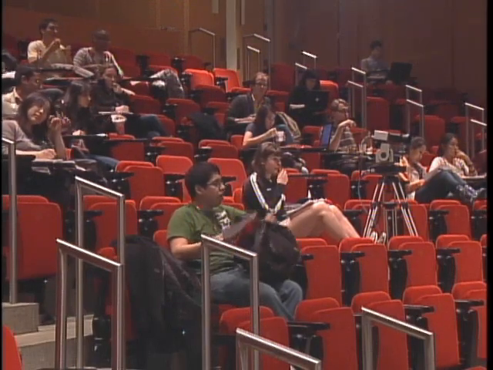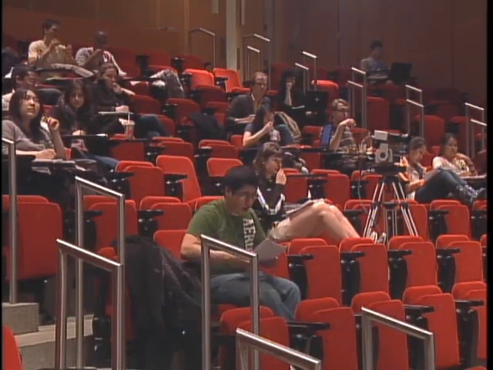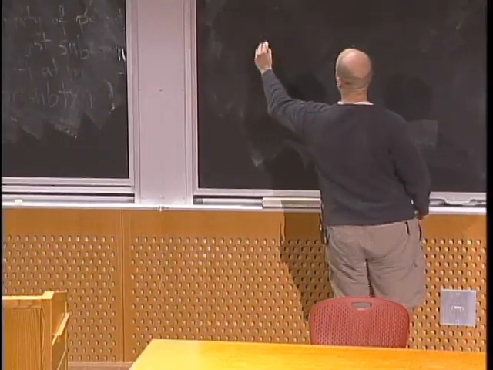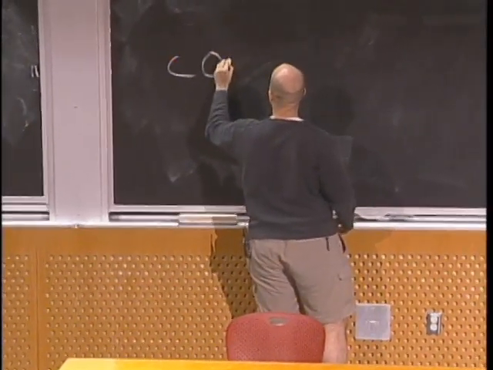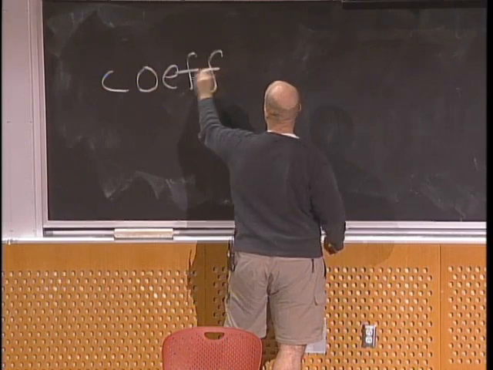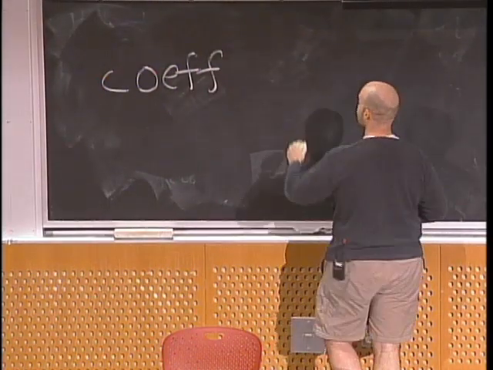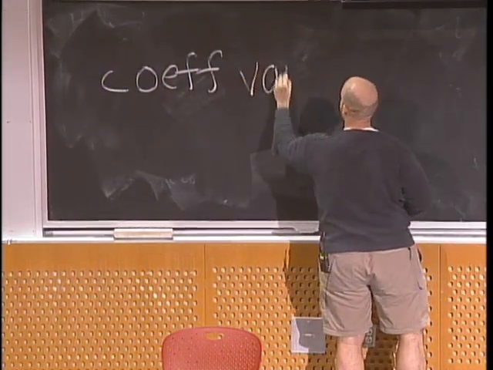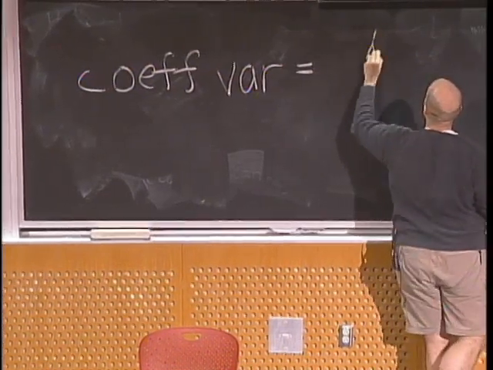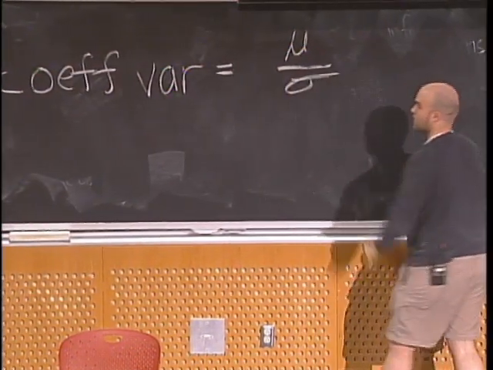All right, so coefficient of variation. I have to write big for the camera. Is that right?